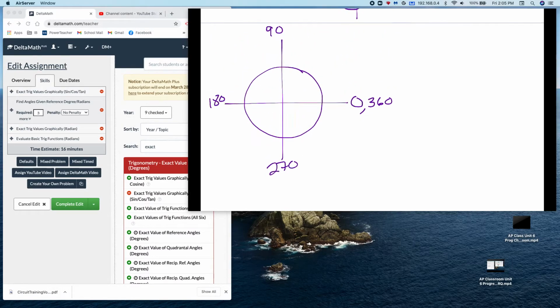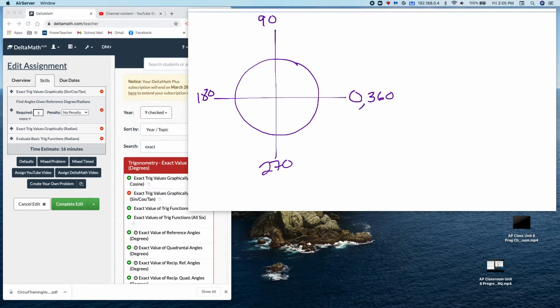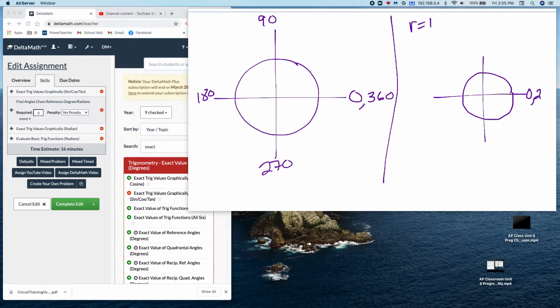So let me draw this in another place. Actually, let me just split it this way, so you don't get confused of what we're drawing here. But if I do that same thing here, and I draw a circle with a radius equal to 1, this is 0, but this is also 2 pi, because it's once around. The circumference is equal to 2 pi.